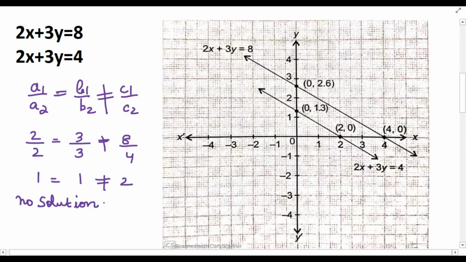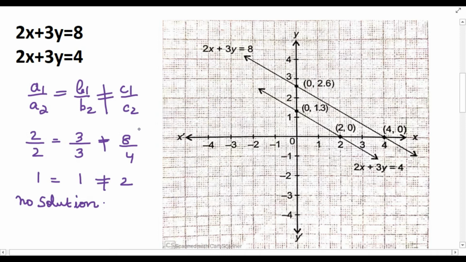For the two lines to be parallel, the condition is a1 by a2 is equal to b1 by b2 not equal to c1 by c2. If a1 by a2 is not equal to b1 by b2, then the graph will be intersecting lines, and if a1 by a2 is equal to b1 by b2 not equal to c1 by c2, then the graph will be parallel lines.